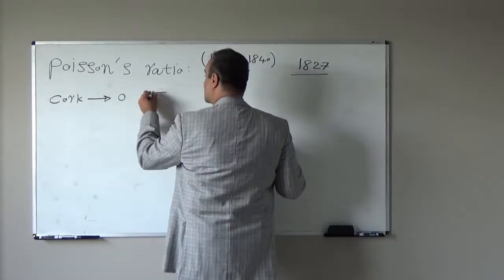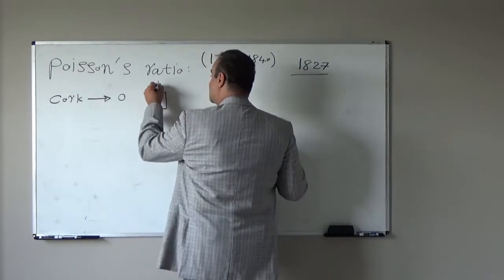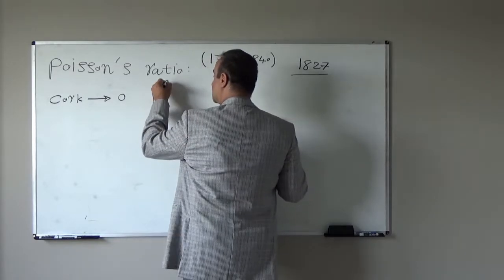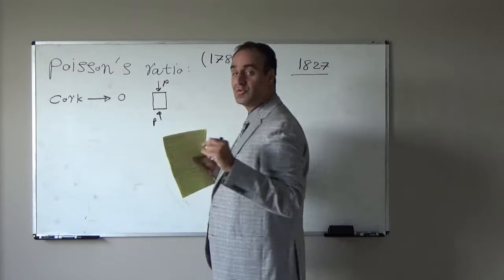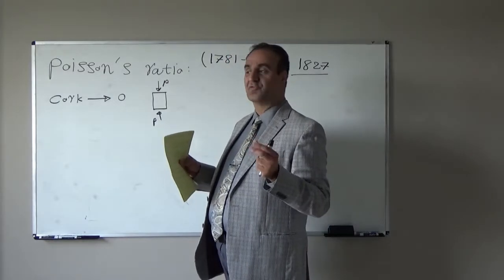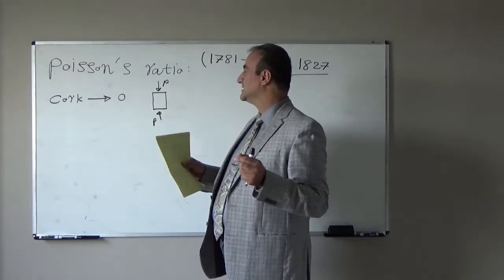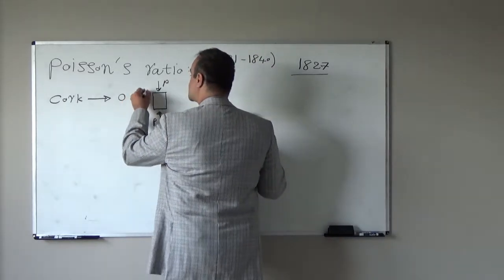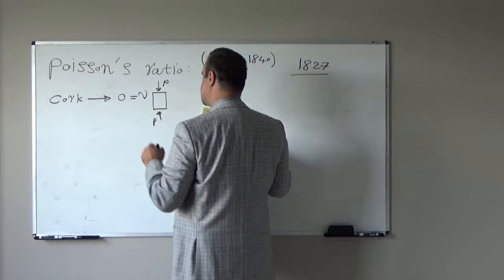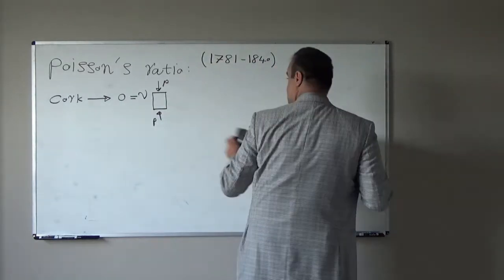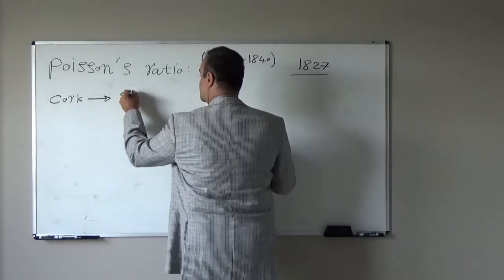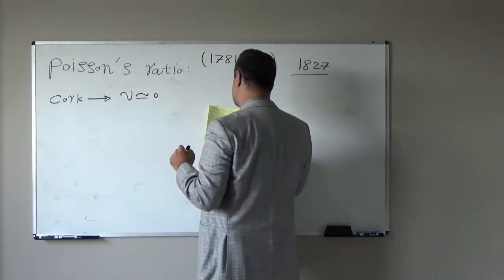So if you apply compression to cork, it gets shorter, but the lateral deformation is close to zero. So the Poisson ratio for cork is roughly zero. I write it like this: for cork, it is zero.